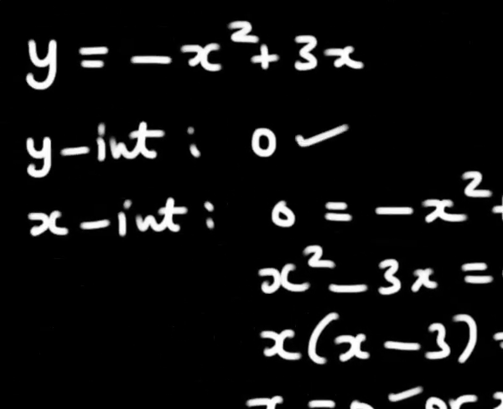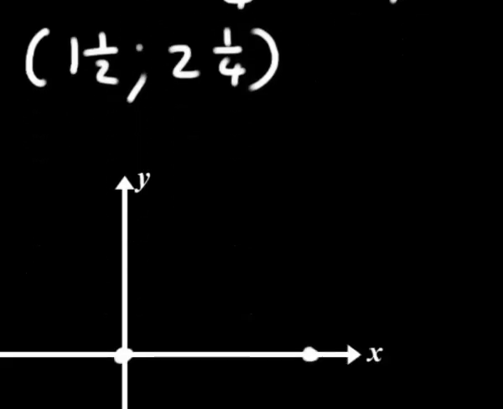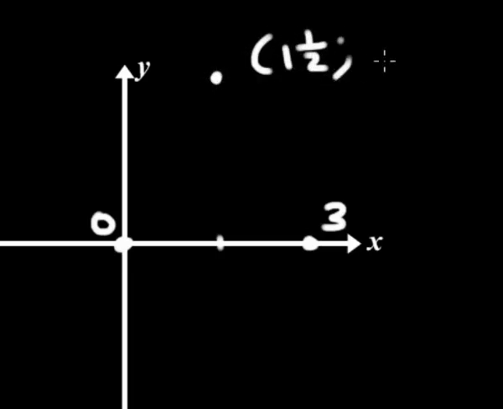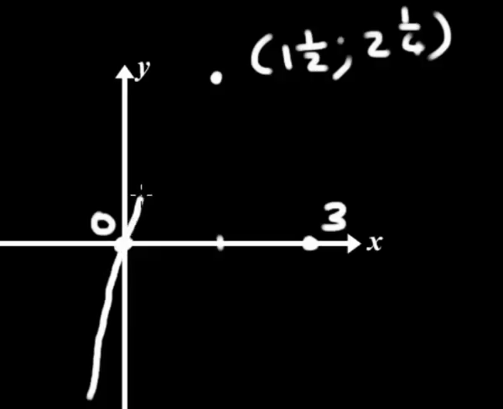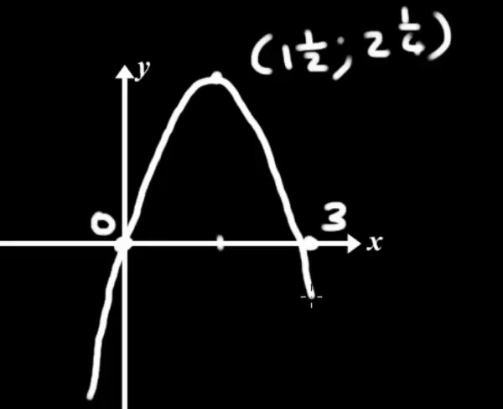The turning point is at 1.5, so about there. Let's go up to 2.25. Don't have to be accurate. And then the parabola goes like this, comes up, turns at (1.5; 2.25), and down we go. There's the graph of your parabola.